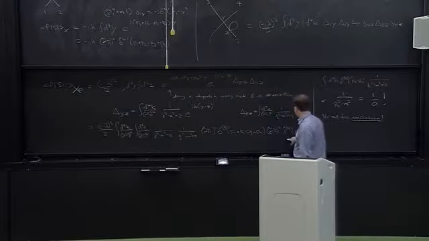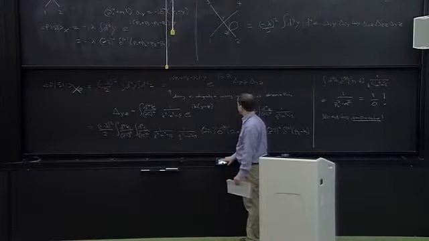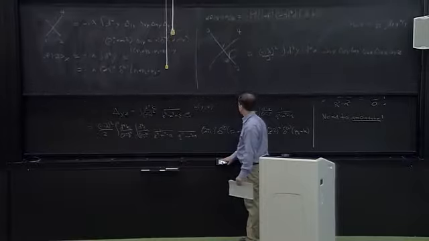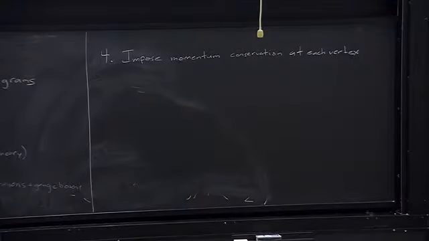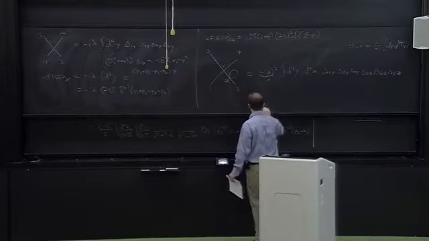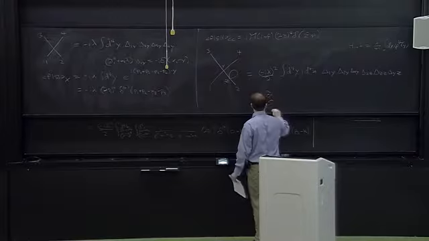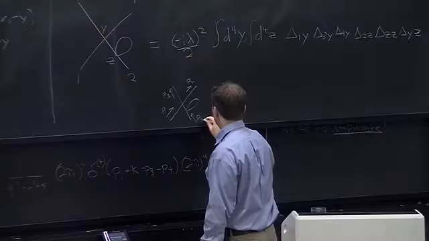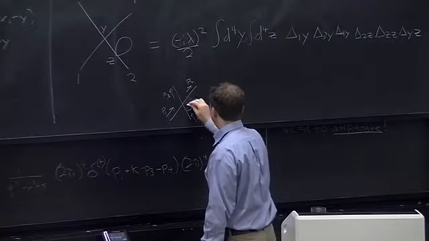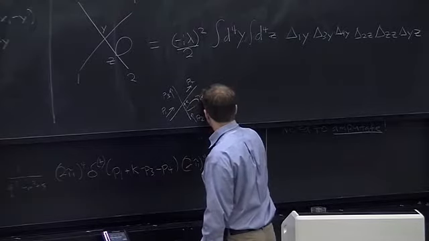in this diagram, we can draw this diagram again. If we've got momentum P1 going here, P2, P3 going out here, P4 going out here, P1 plus P2 going here, and K going here, and Q, I called it, right there.